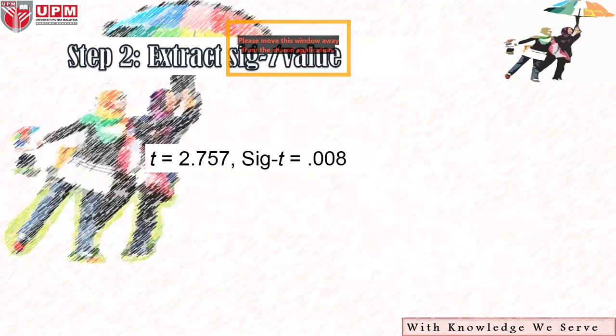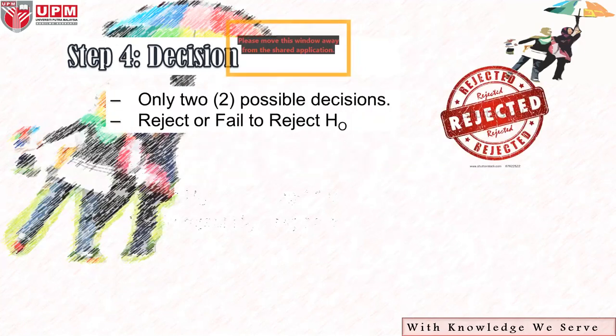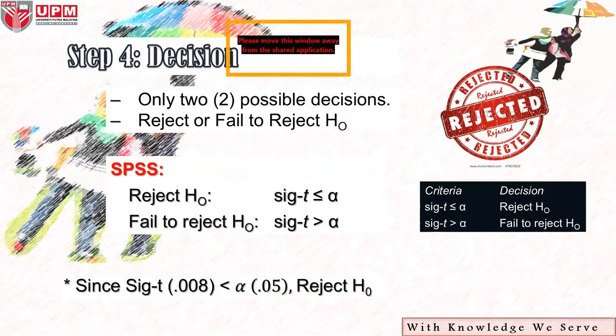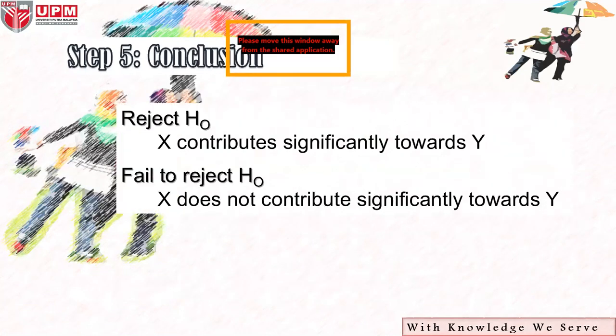Then extract the value from the earlier result. In this case, the T value for task-oriented coping equals 2.757. The significant T equals 0.008. The alpha we set at 0.05. So we make the decision: since our significant T 0.008 is lesser than alpha, we reject H0. So we can conclude that task-oriented coping contributes significantly towards philanthropic behavior.